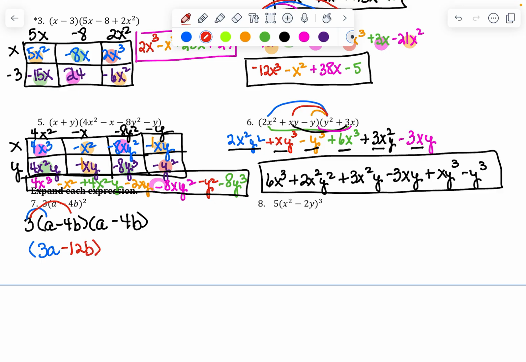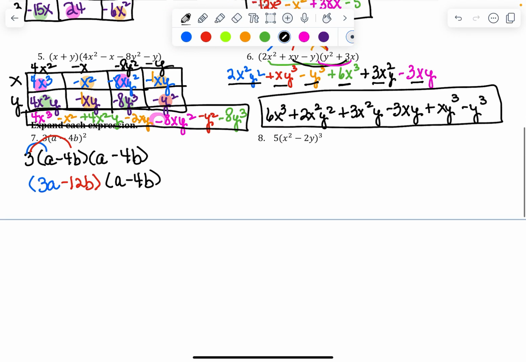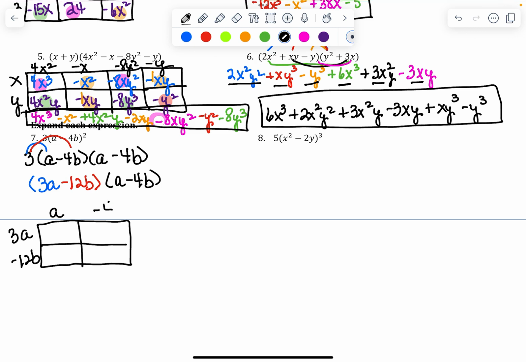And then I'm going to bring down the other thing. And now I'm going to do my box. Okay? So I'll do my box here. So I'm going to have a 3a minus 12b and an a minus 4b.